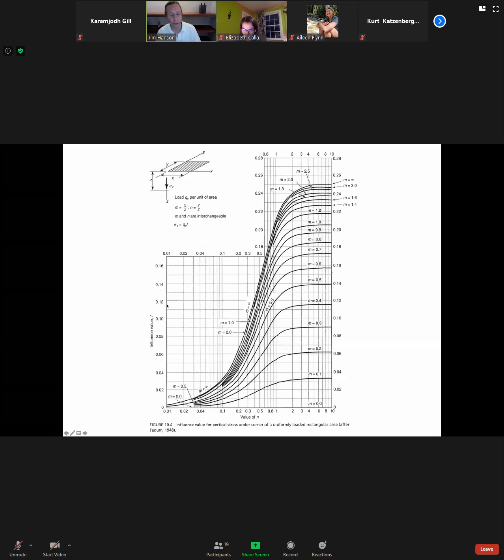Less than 0.12, interpolating up to that 0.12. And then you'd be able to sort out the stress at that depth of interest. And again, it will show up that for deep points, you will have less stress acting in that regard.